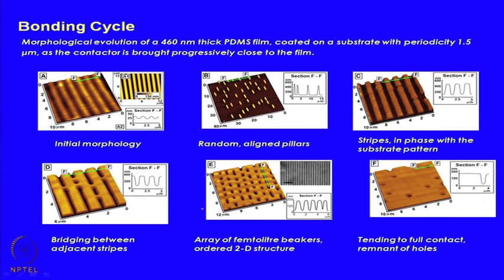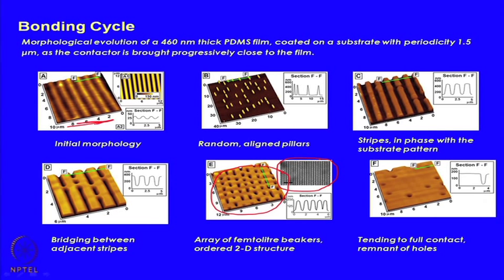And if you now do an approach sequence, you see that the morphological evolution sequence is almost the same. You again see the array of holes appearing in this case, and this optical micrograph shows how well organized and large area these structures are.